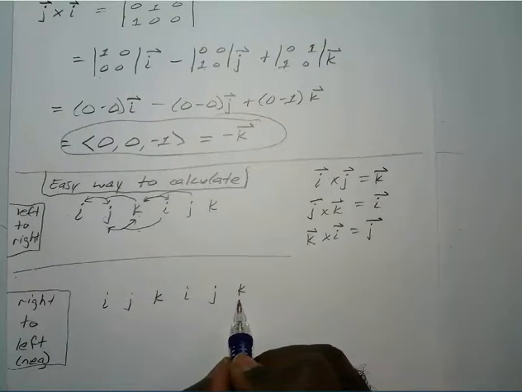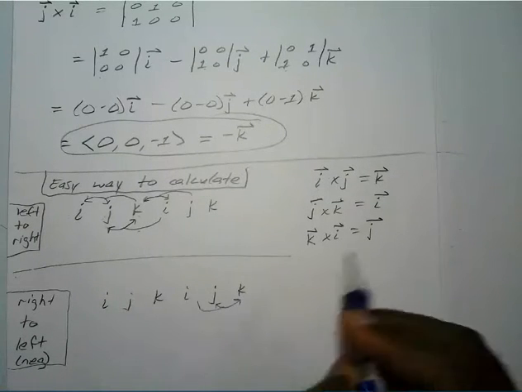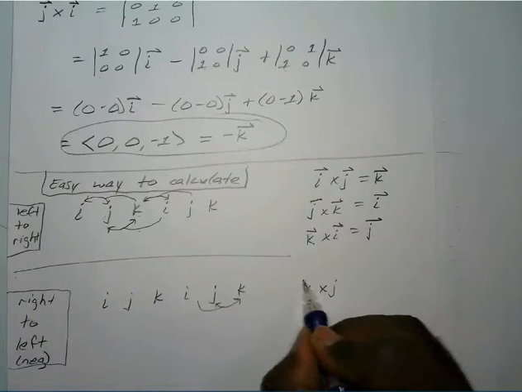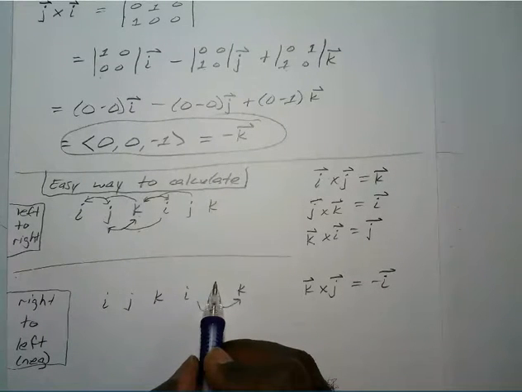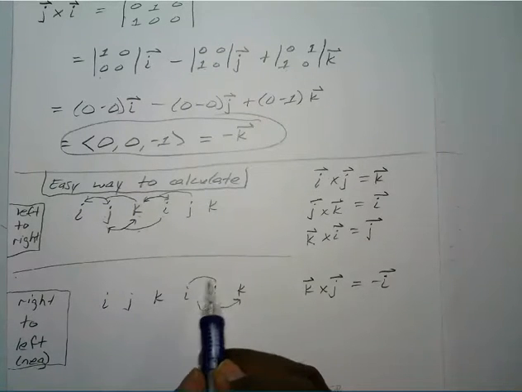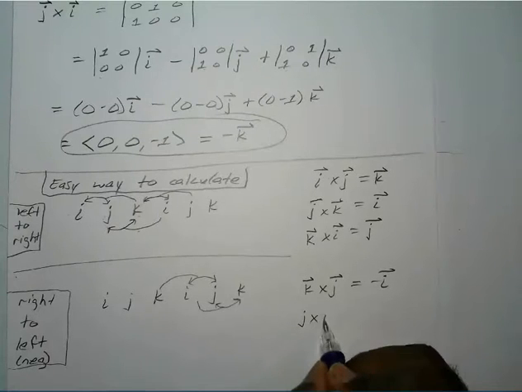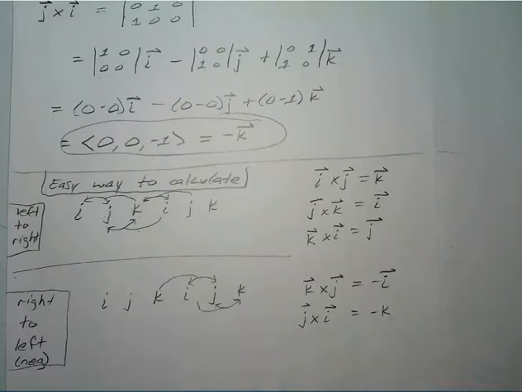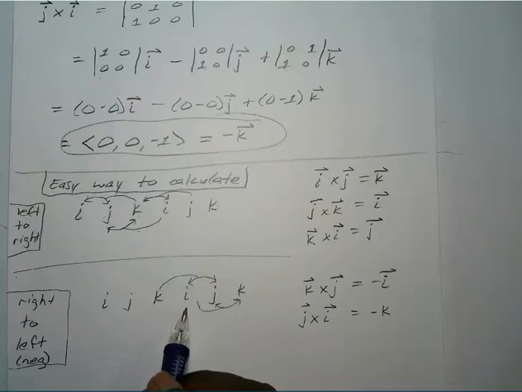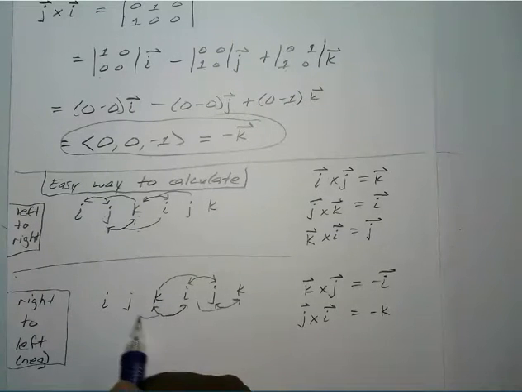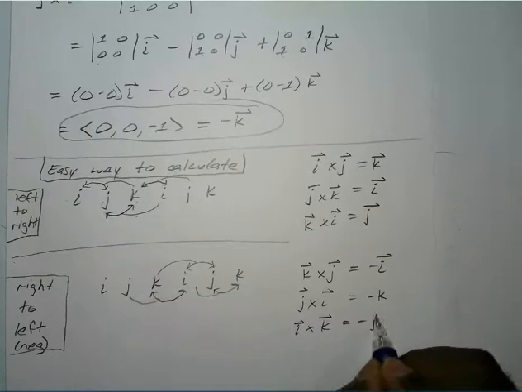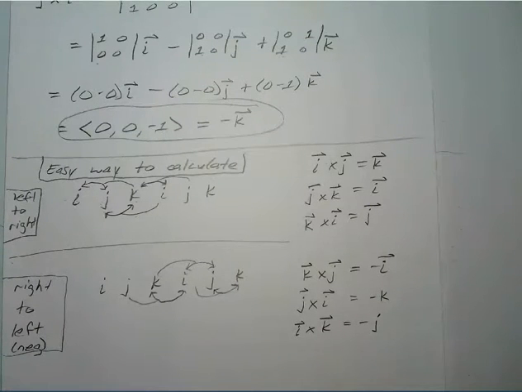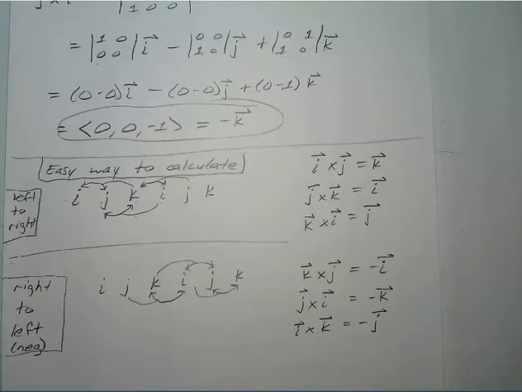So KJ gives us negative I. JI gives us negative K. If you go IK, it gives us negative J. Okay, so that's how you would calculate your cross product of unit vectors.